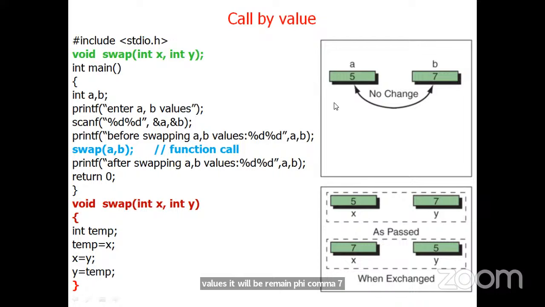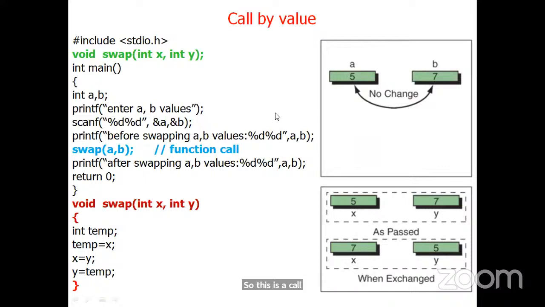This is the disadvantage of call by value. Even though I have developed the swapping logic, it is reflected only in this particular block. Out of this block, A value remains the same and B value remains 7 only.